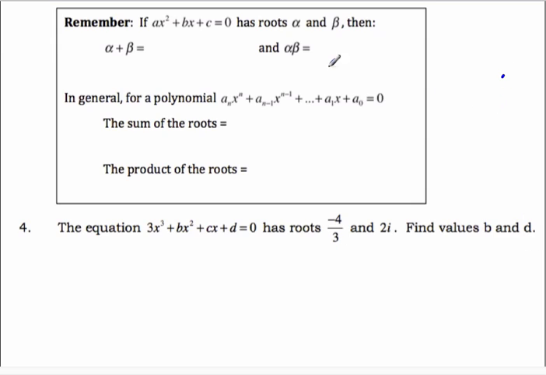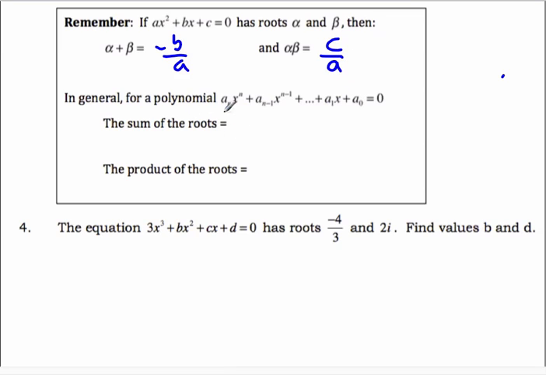Alright, so remember that in a quadratic, the sum of the roots is equal to -b over a, and the product of the roots is equal to c over a.